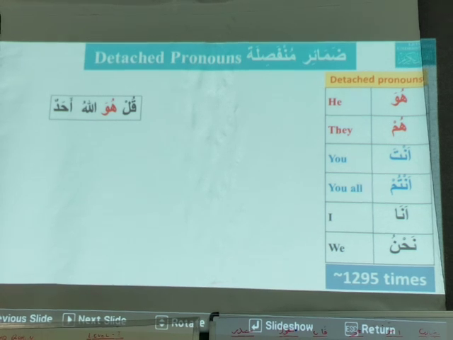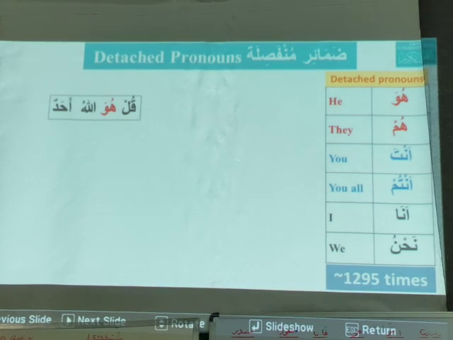And if I use four fingers in the same direction, it is plural now. Hum. Single finger is huwa and four fingers is hum. And then anta is for second person.